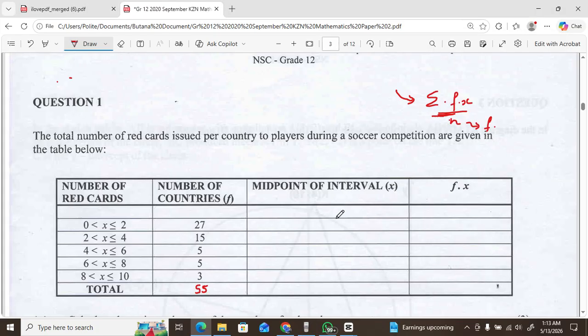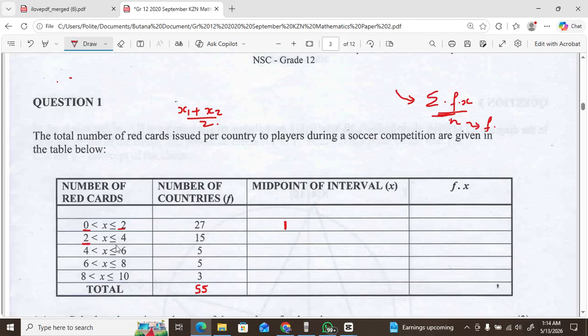So now, in order for you to find the midpoint, you still remember what you were doing when you do the midpoint, x1 plus x2 divided by 2. So this is what we're going to do. 0 plus 2, that's 2. Divide by 2, we get 1. Then you write 1 there.